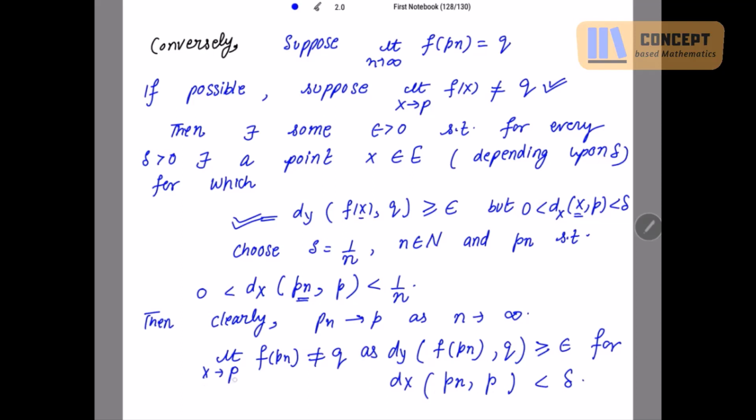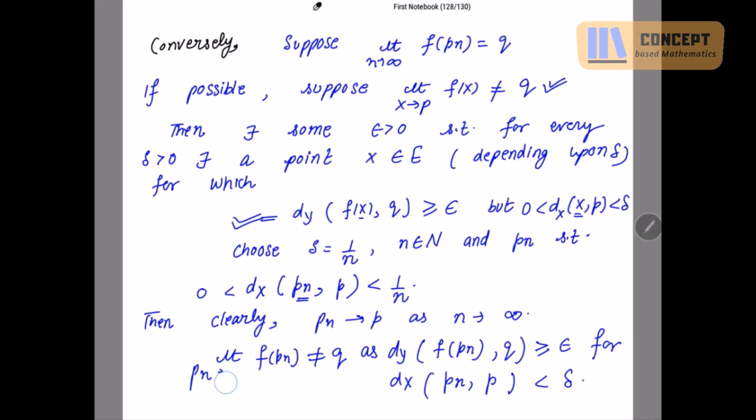Now x is tending to p, that means x is replaced with Pn. Can I write instead of Pn tending to p, because Pn tends to p as n tends to infinity?